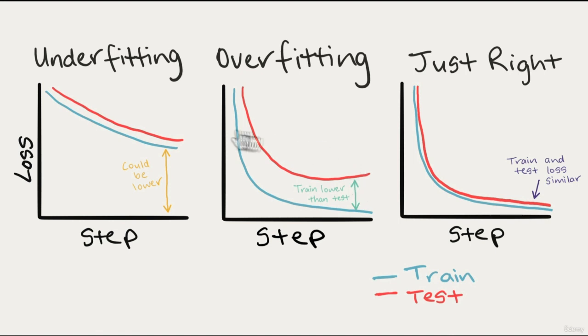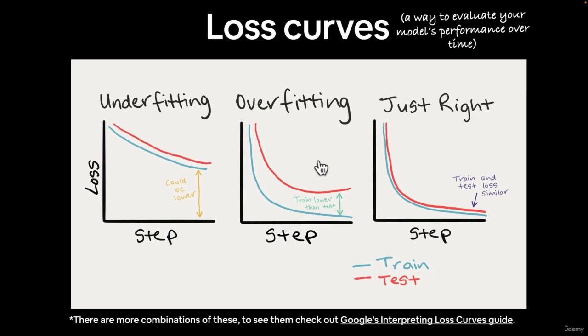In fact, it's probably the most prevalent area of research, trying to get models not to underfit, but also not to overfit. So keep that in mind. A loss curve is a great way to evaluate your model's performance over time. And a lot of what we do with the loss curves is try to work out whether our model is underfitting or overfitting, and we're trying to get to this just right curve. We might not get exactly there, but we want to keep trying getting as close as we can.